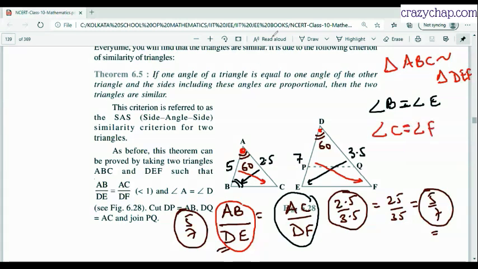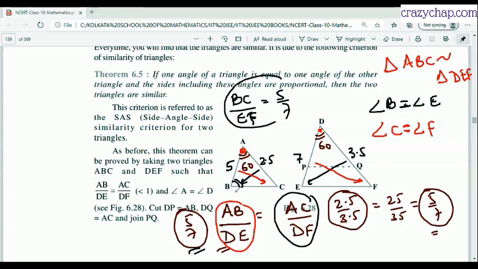And then there is a third side ratio which we don't know. Side BC and EF we don't know. But for sure we can say that the BC and EF side ratio would also be the same ratio we had for the other sides, which is 5:7.